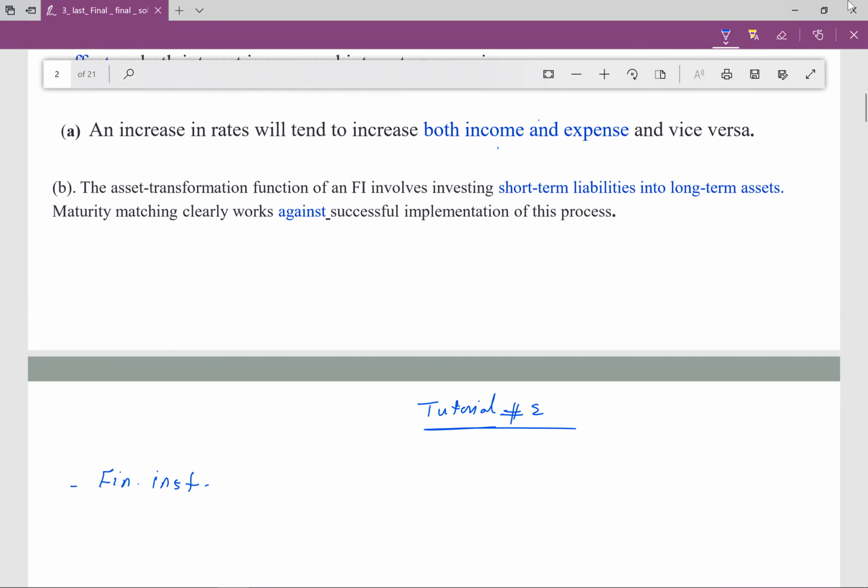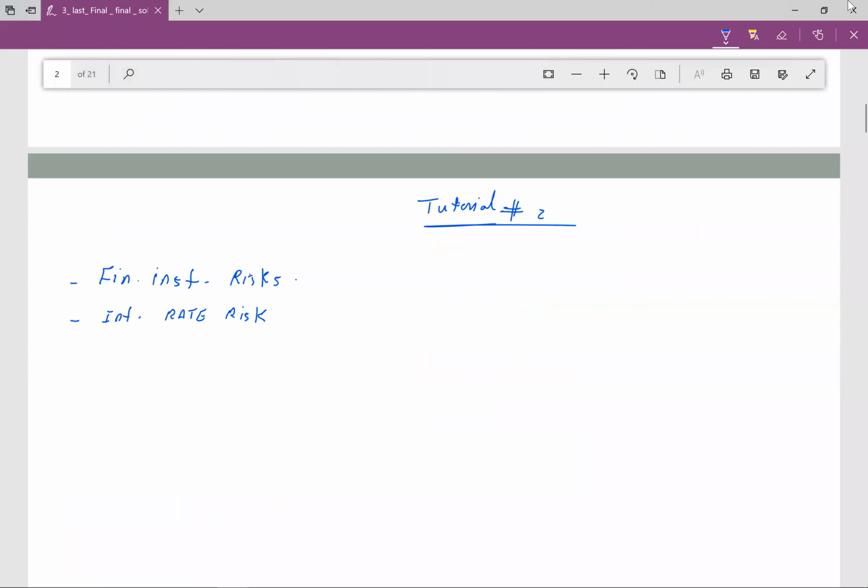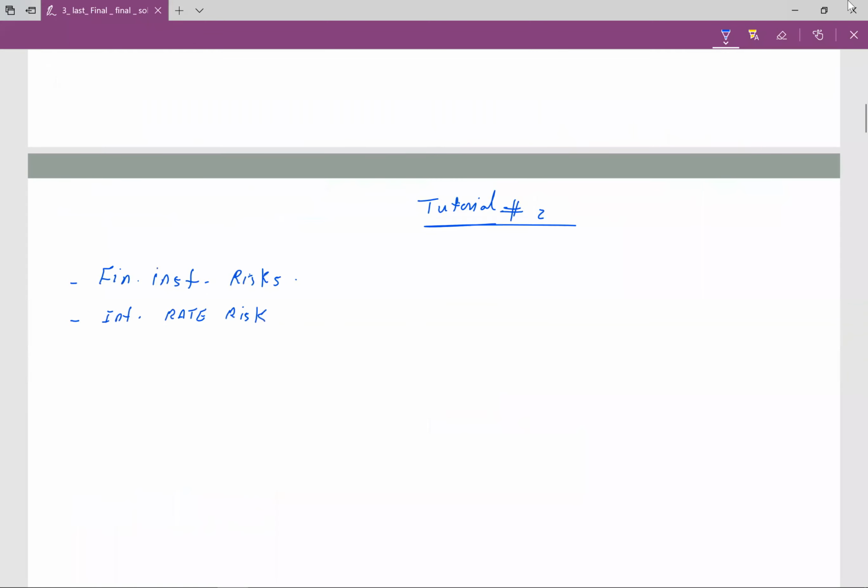And we are talking about financial institution risks. This is one part, which is the definition part. And the other one is the interest rate risk. Now the interest rate risk is actually the subject of what we are going to do. When we talk about the interest rate risk, it's two issues.